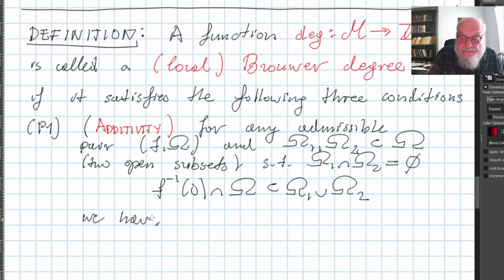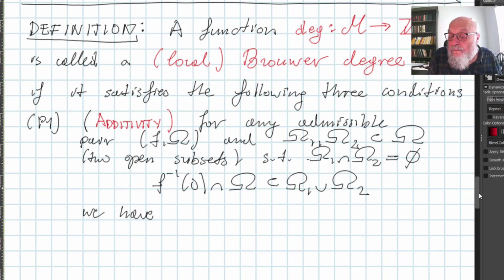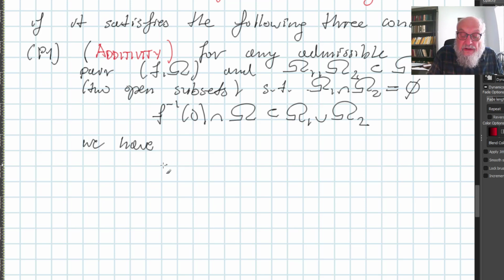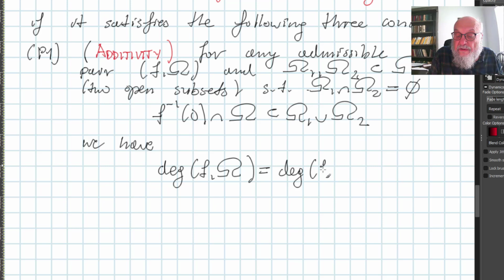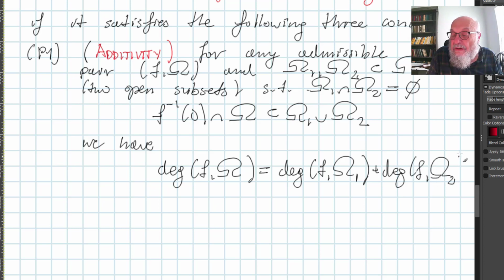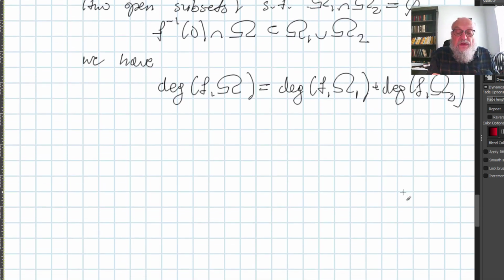Then we have that the degree of this pair on omega must be the same as the degree of f on omega 1 plus the degree of f on omega 2. So the picture for this property looks like that.